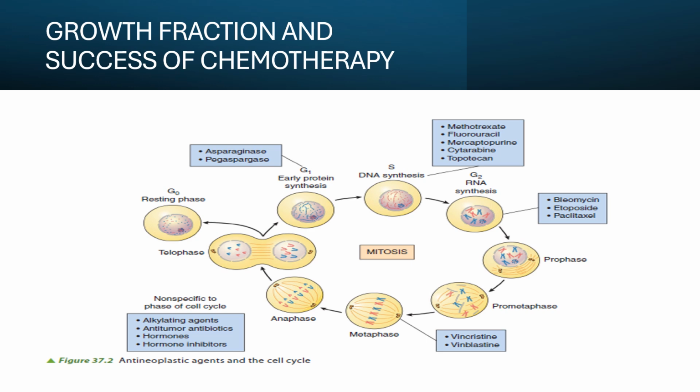Thus, they are less sensitive to anti-neoplastic drugs. Now, certain leukemias and lymphomas have a high growth fraction and therefore have a greater anti-neoplastic success rate. Because certain normal tissues such as hair follicles, bone marrow, and gastrointestinal epithelium also have a high growth rate, they are sensitive to the effects of anti-neoplastics.